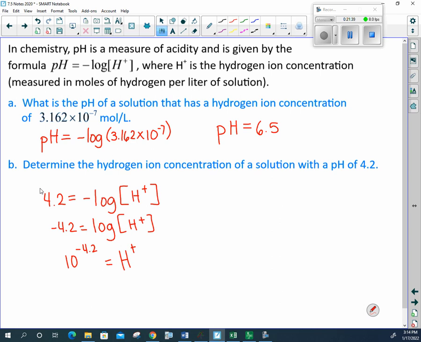So that is 6.3 times 10 to the negative, I'm counting my decimal places here on my screen, negative 5. It's like 0.00063096 on my screen, but I'm going to put that in scientific notation. And so that would be moles per liter.